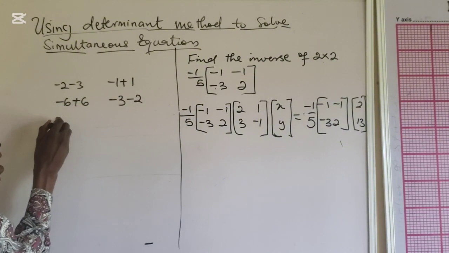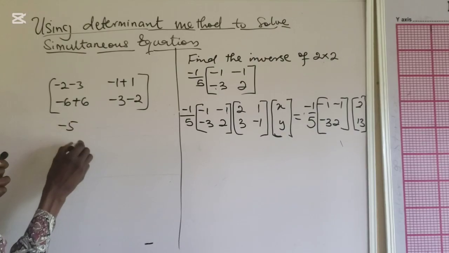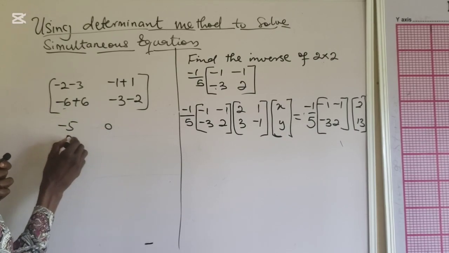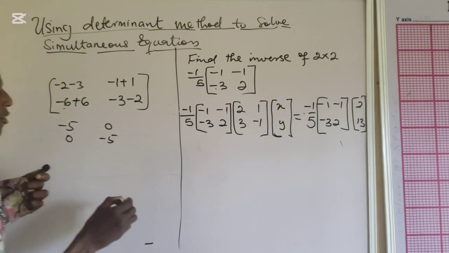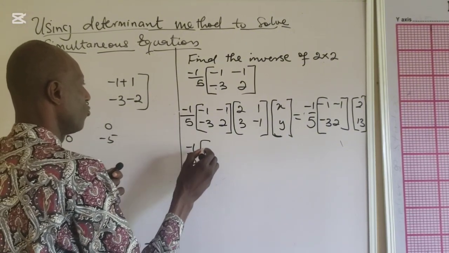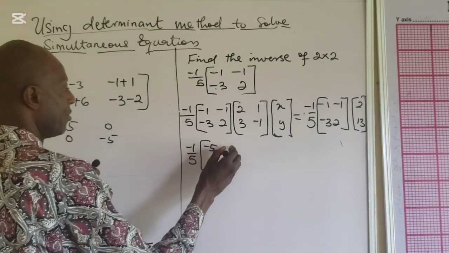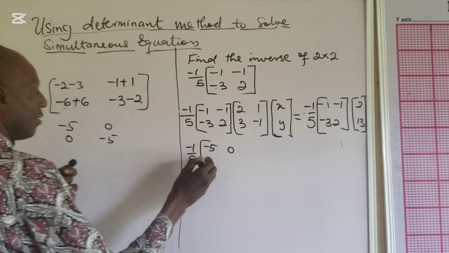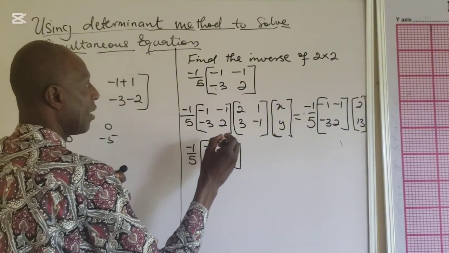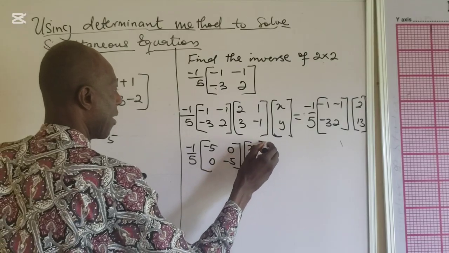So definitely here is minus 5. Here is 0. Here is 0. And here is minus 5. So we are going to get minus 1/5 into minus 5, 0, 0, minus 5. So we are now left with x and y.